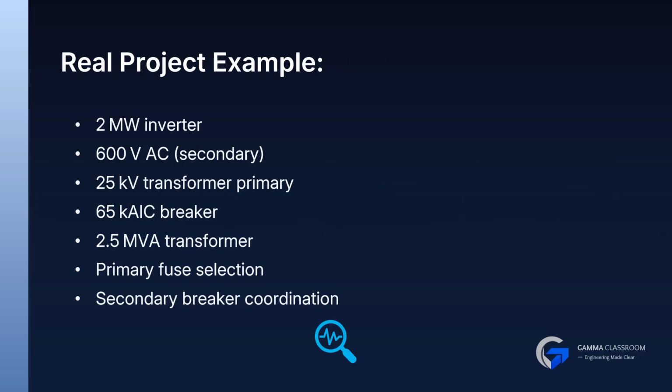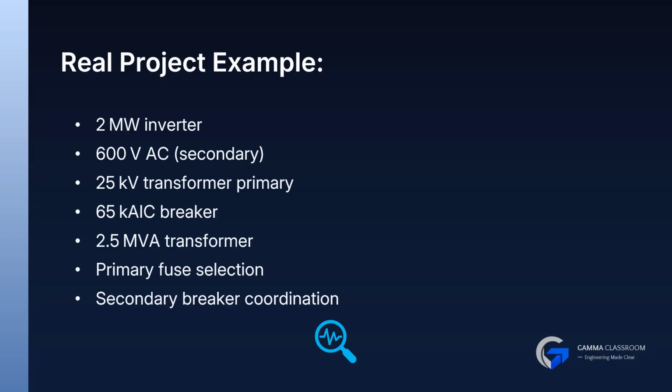In this real project example, a 2 MW inverter operates at 600 volts and feeds a transformer with a 25 kV primary.